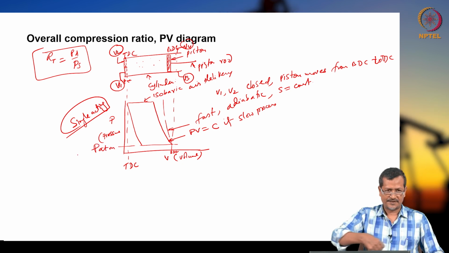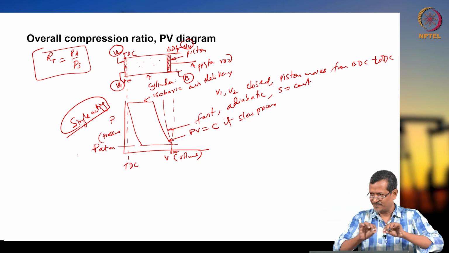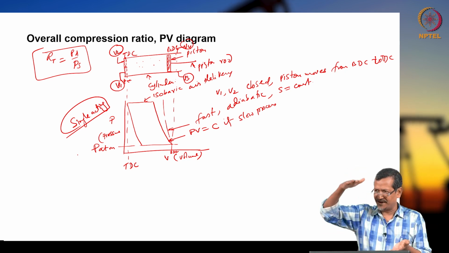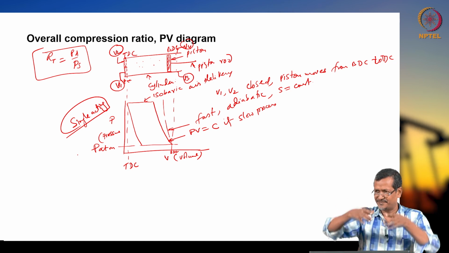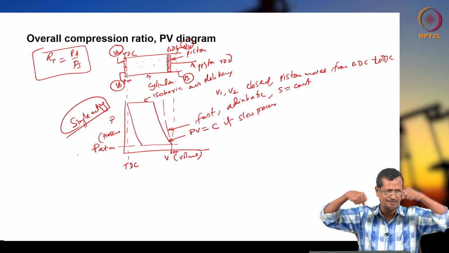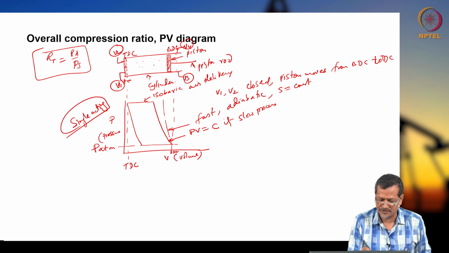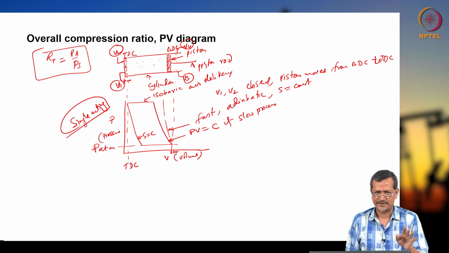You press it, air entered, then a small amount of gas remains in your clearance zone, the piston moves up, and the gas expands. That will also be adiabatic if it is a very fast process. If it is a slow process, then it will be isothermal. A very fast process will be adiabatic, no heat transfer we assume, so entropy is constant. If it is isothermal, then it is totally different.